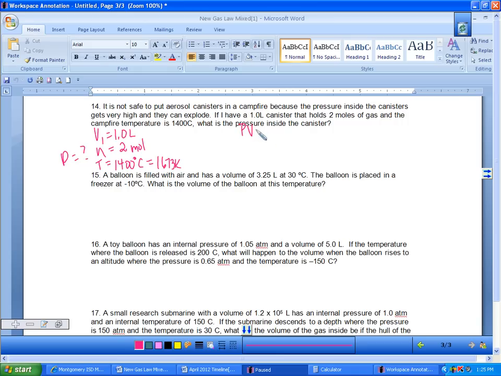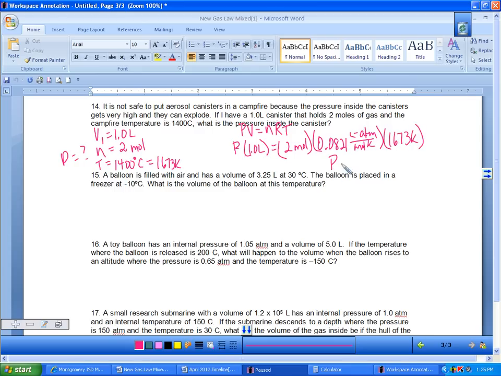Well, those moles of gas tell me I want to use PV = nRT. So pressure times 1.0 liters is equal to 2 moles times R, which is 0.0821 liter atmospheres over mole Kelvin. And the temperature is 1673 Kelvin.